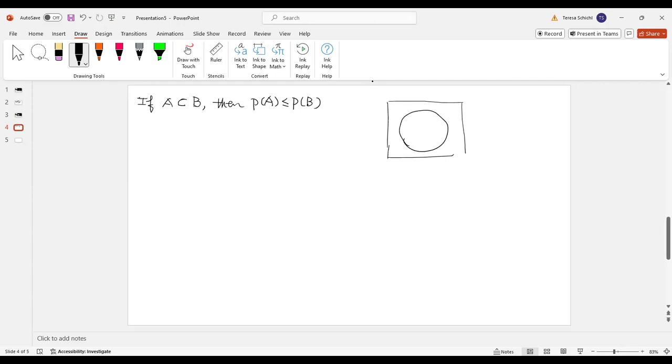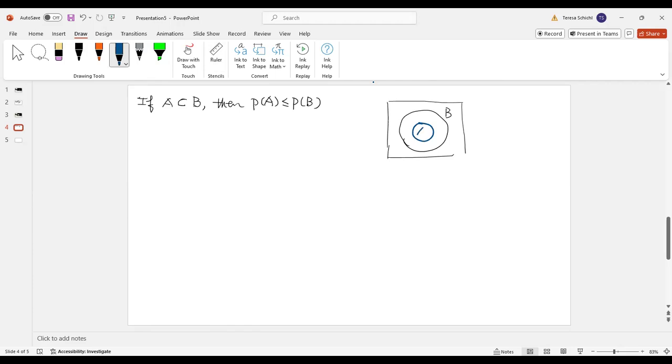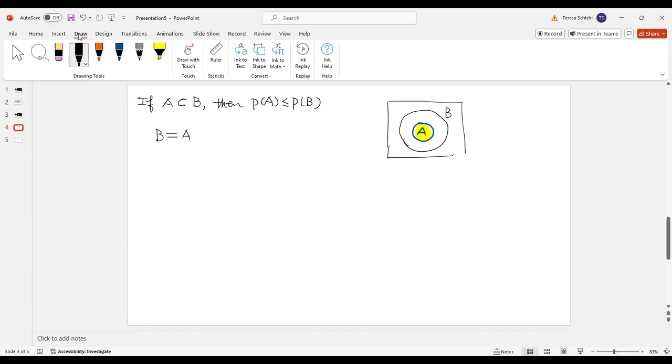Here this is my B, and inside is A, because we say A is a part of B. So I can define B to be equal to A union (B intersect A complement).